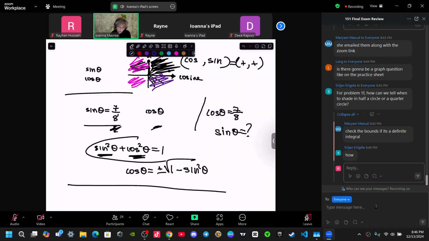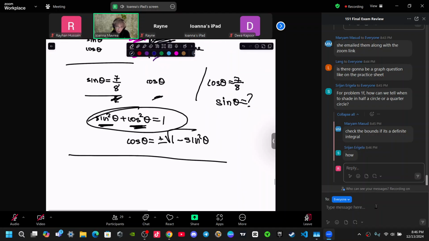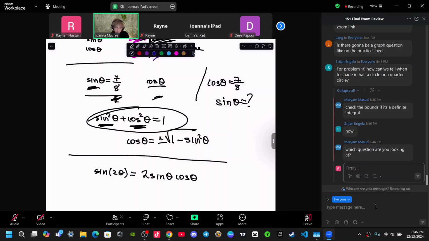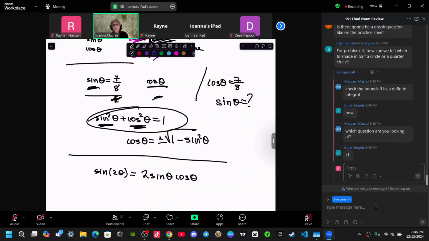So you should know this formula. You should also know this formula: sine of 2 theta is 2 sine theta cosine theta. So if somebody gives me a sine, can I find cosine? Yes, I can, as long as you tell me what quadrant I'm in. So let's say now I found cosine and I also have sine.